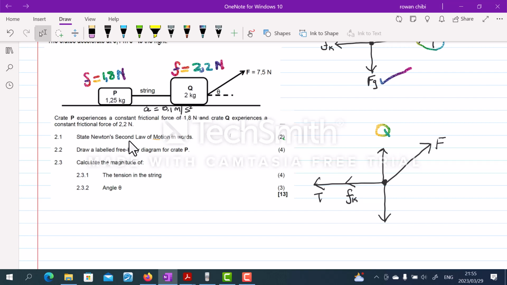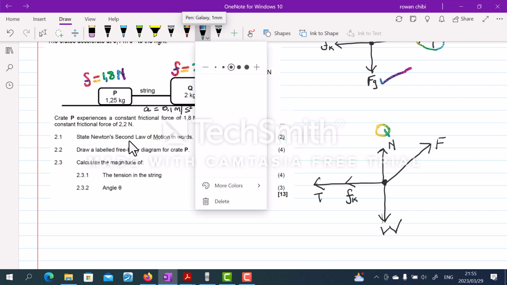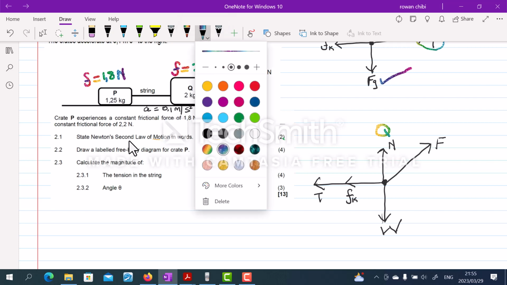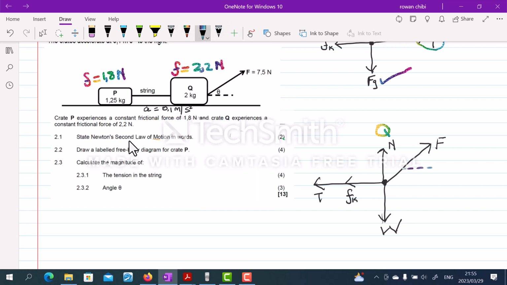So this is object Q. But we know that the force on object Q has 2 components. There is this component, which is F of X, a force that is parallel to the surface, and then you have another force that is vertical, which is F of Y. So it's the vertical component of force F.